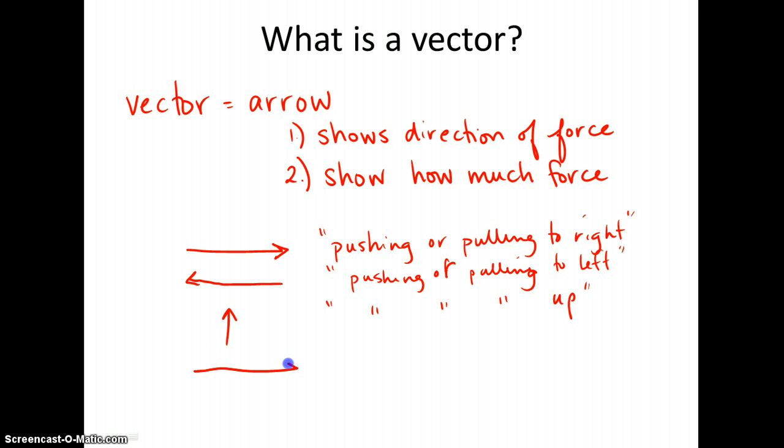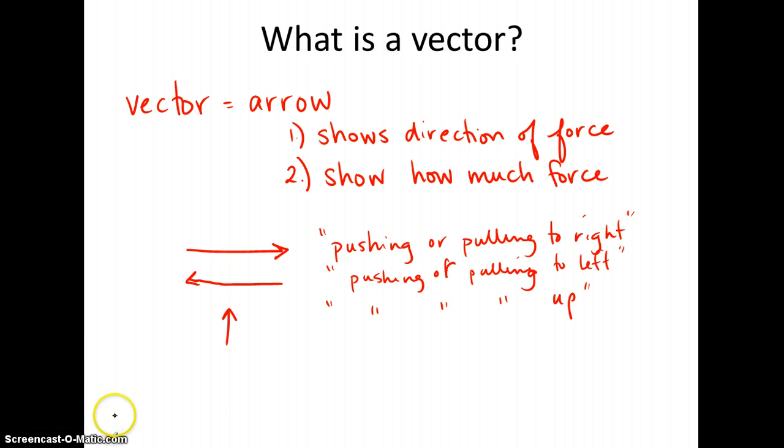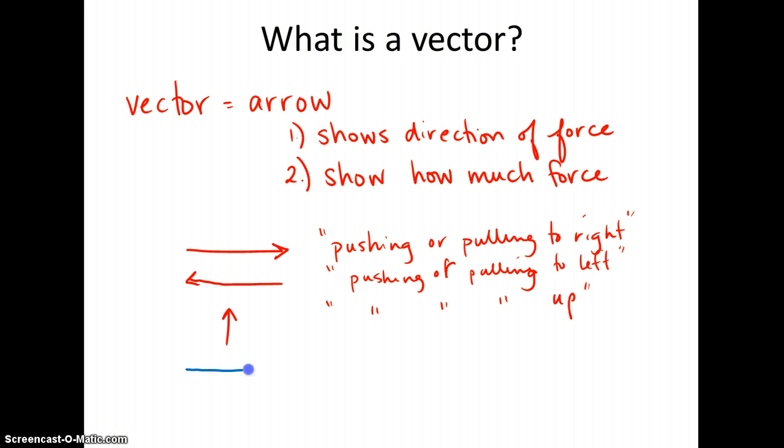For example, I might have two arrows, and you know what? Let me actually put a different color for this one here. So I might have two arrows. These clearly are pushing or pulling to the right, but there's a difference between arrow A and B, and you notice that the arrows are different lengths.